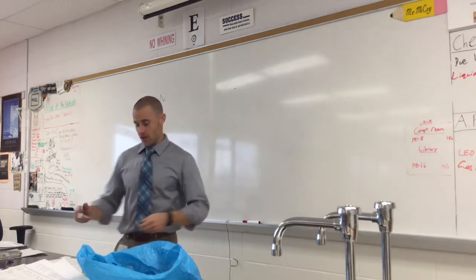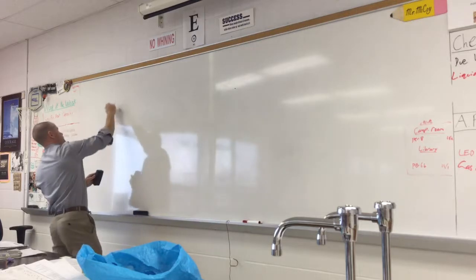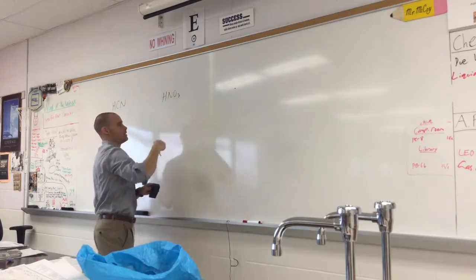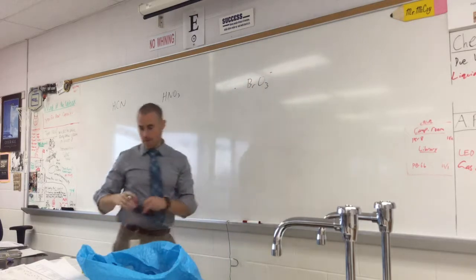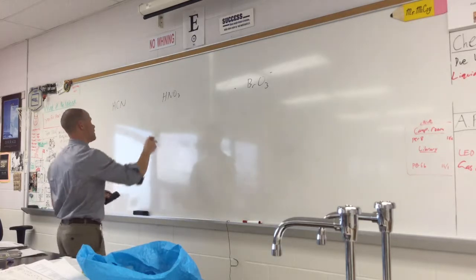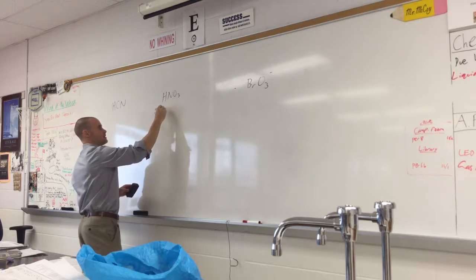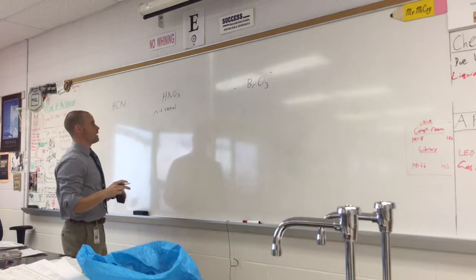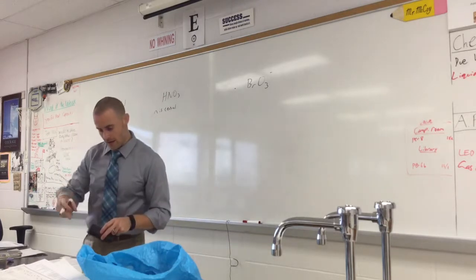I'm going to have you do another one here. So HCN, do HNO3, and then over here we're doing BrO3 minus. So we're going to jump right into the squirrely ones right away here. So for this one, N is central.